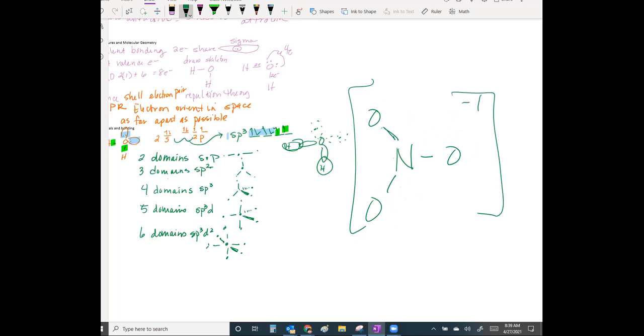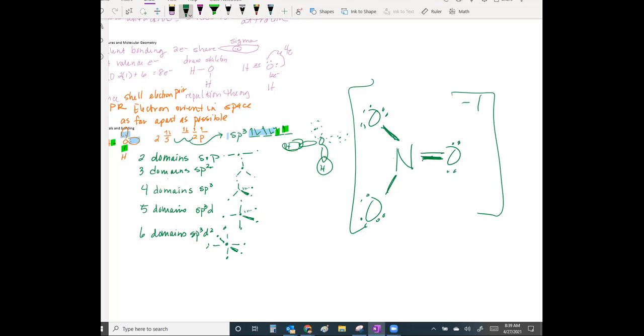So here's 2 electrons, 4 electrons, 6, 7, 8, 9, 10, 11, 12, 13, 14, 15, 16, 17, 18, 19, 20, 21, 22, 23, 24. This nitrogen doesn't have 8 around it, so we have to double bond one of these. So we have 2 bonds there. That's 1 bond, that's 1 bond.